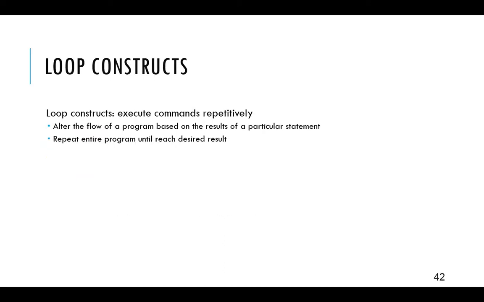Loop constructs. They execute commands repetitively. As you know, loops continue to go and go and go until there's an end. Right? Don't want to get stuck in that infinite loop with the beeps.